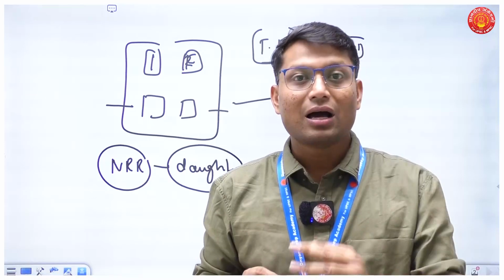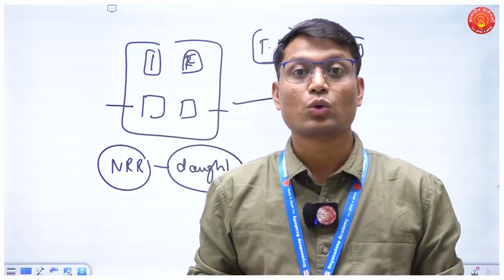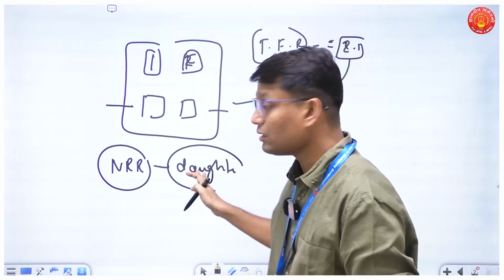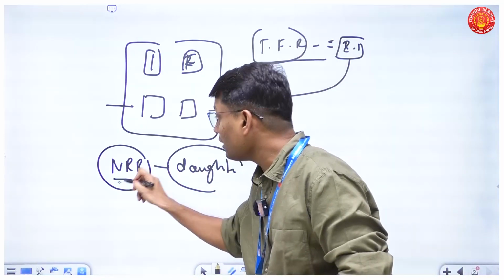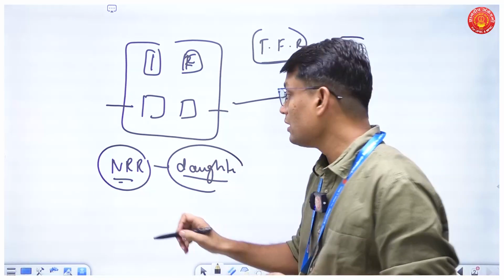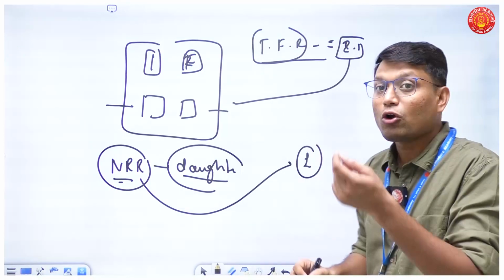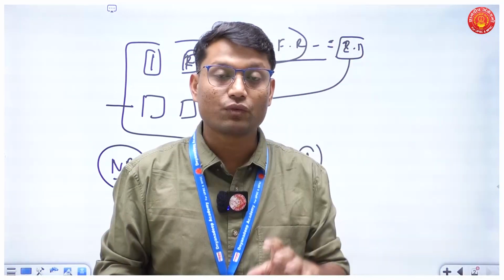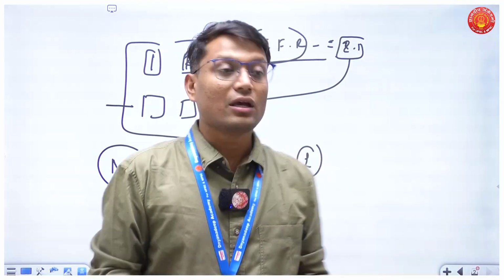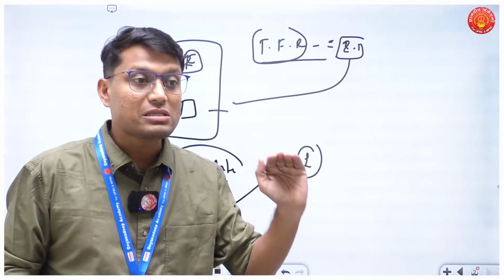These males are not going to give birth to any new children. Who is going to give birth? It is the women. And that is why when it comes to net reproductive rate, we talk about daughters. And when net reproductive rate is 1, we will call it the replacement level rate. So in a given population, if net reproductive rate is 1, that population will remain stable.